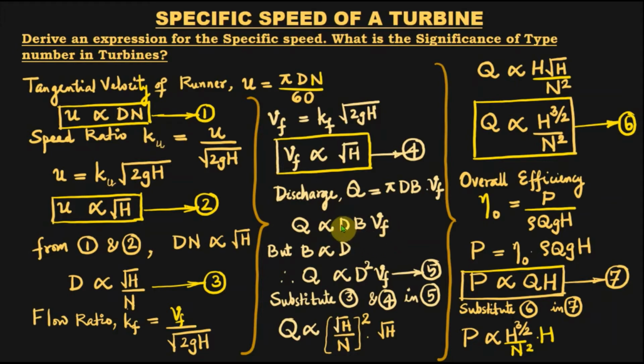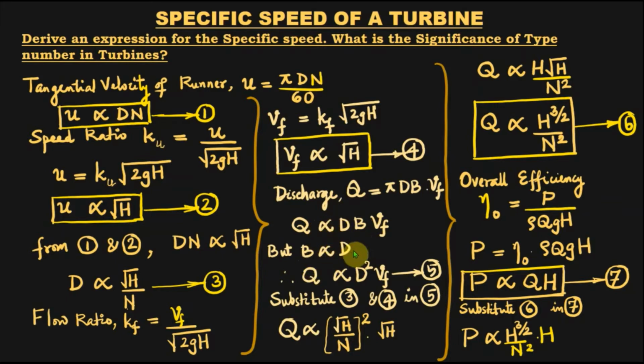Now the connection between the diameter of the runner and width of the runner. We know that the breadth of the runner is proportional to the diameter. So you can replace the breadth by the diameter. Remember, it is not equality, it is proportionality.